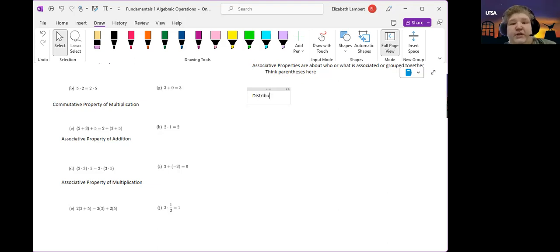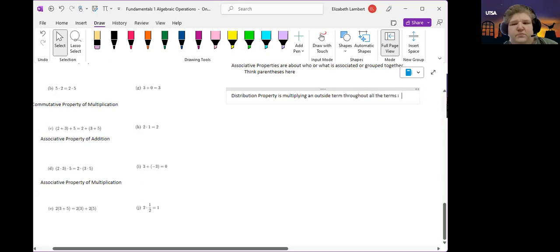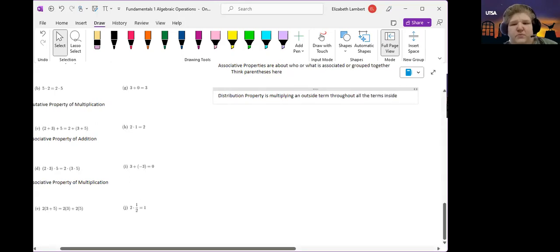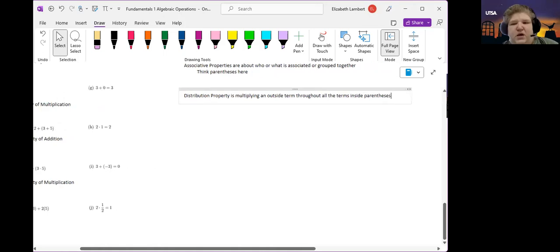So just like when you distribute papers in class, everybody gets one. Same thing here. Distribution property is inside parentheses. I'm sure the book had a much better looking definition. That's just my quick stab at it.